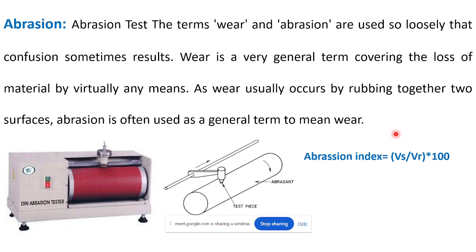Have you got my question? If a material has hardness 70 Shore and another one has hardness 60 Shore, abrasion resistance will be better for which one? Anybody else?